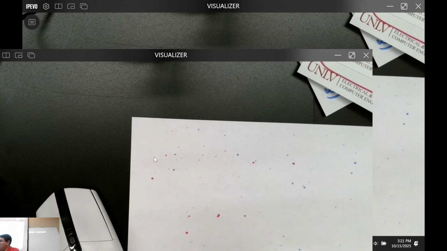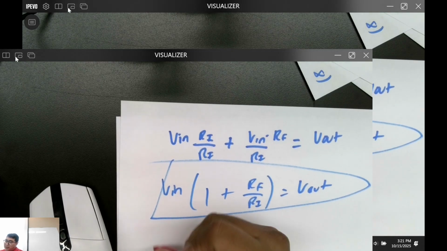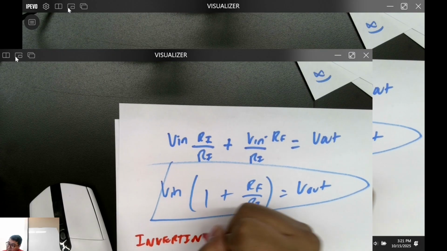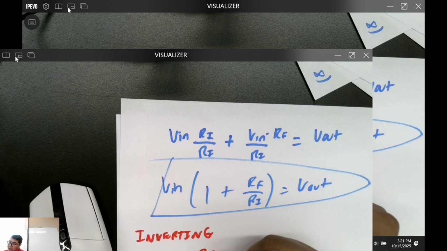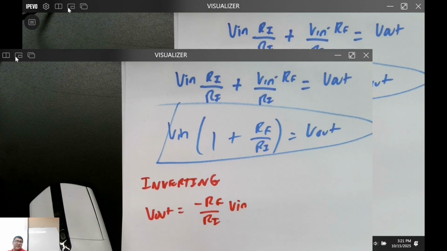If I were to do an inverting op amp, Vout is equal to minus Rf over Ri times Vin, right? Is that good?